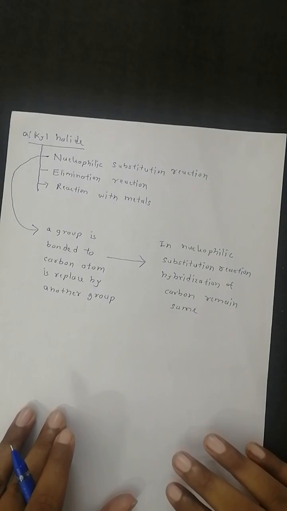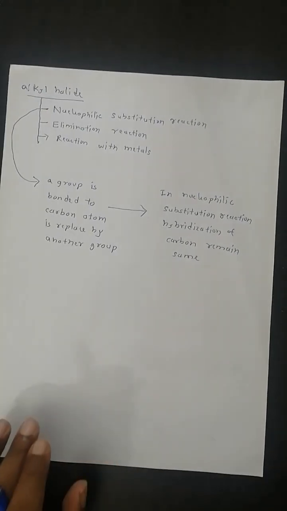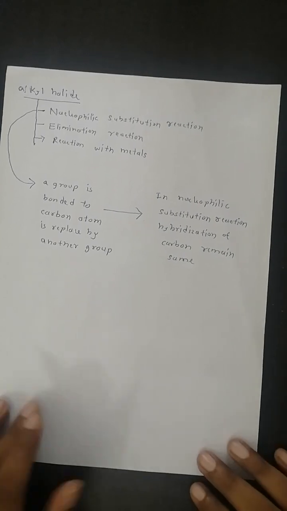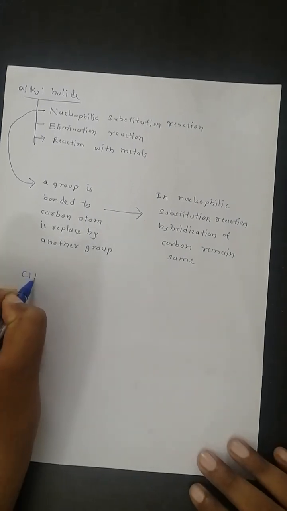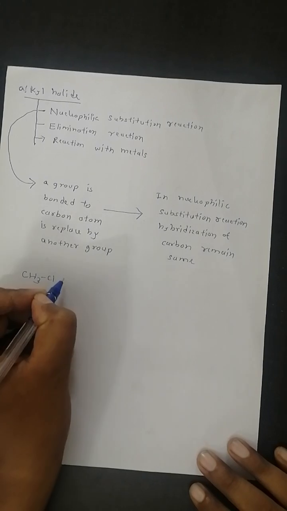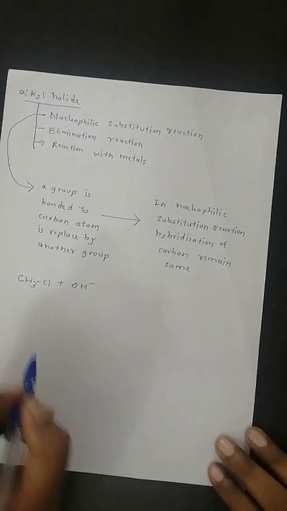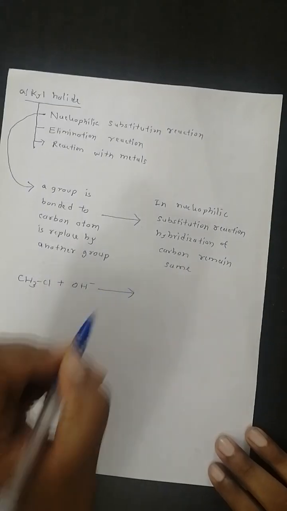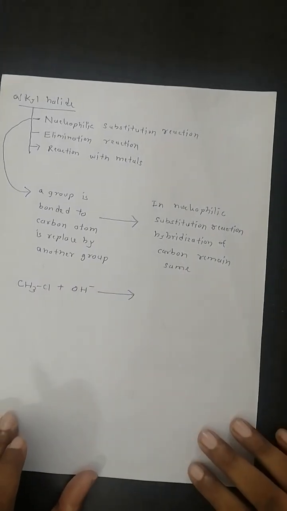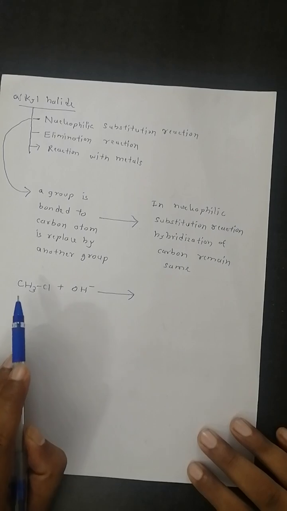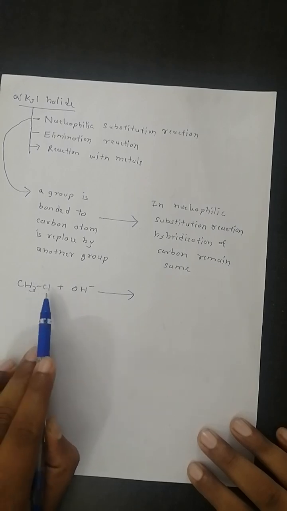To understand the nucleophilic substitution reaction, we are going to take a general reaction. I am going to take methyl chloride and OH minus. When the reaction takes place, the bond between carbon and chlorine gets broken.